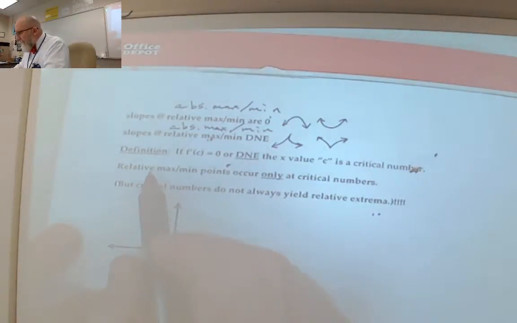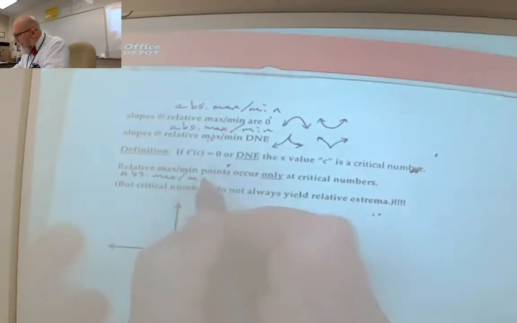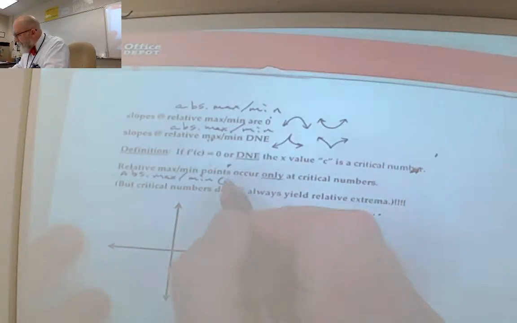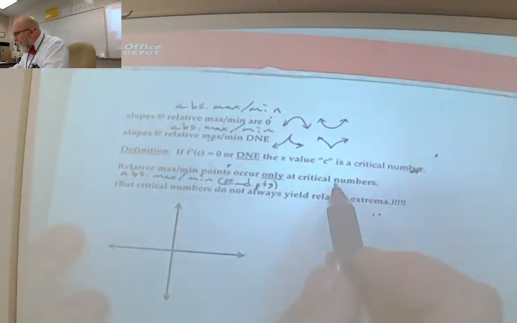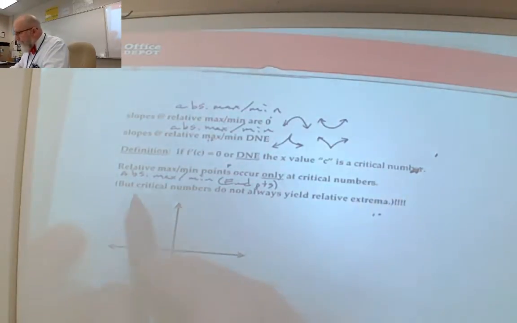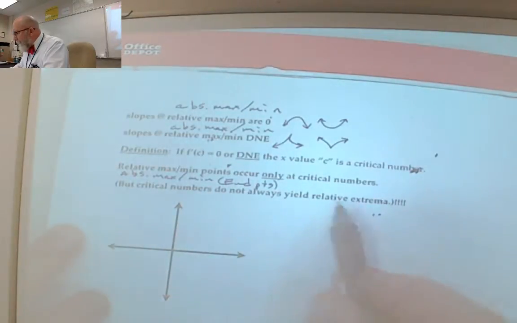If there's a relative max or min, or an absolute max or min, they have to happen there. Well, these could happen at endpoints. But relative won't happen at endpoints. The relative max or mins will only happen at critical numbers. But critical numbers don't always yield relative extrema.